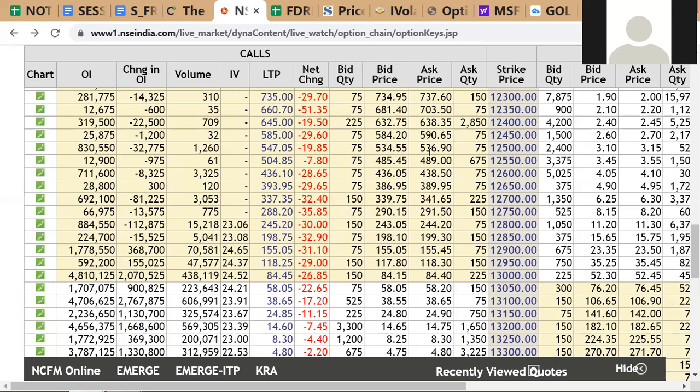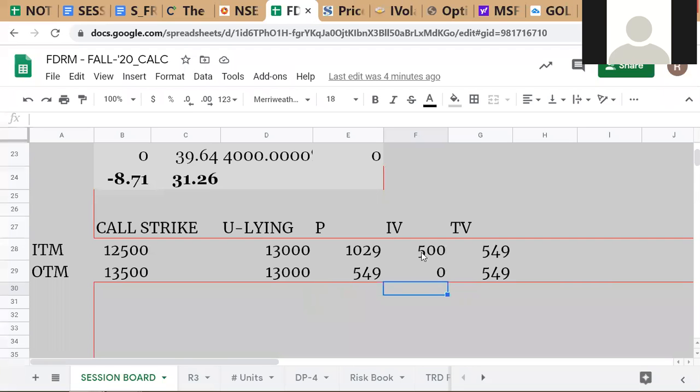It's roughly 535, 536, ballpark. So we are putting the price as 535.